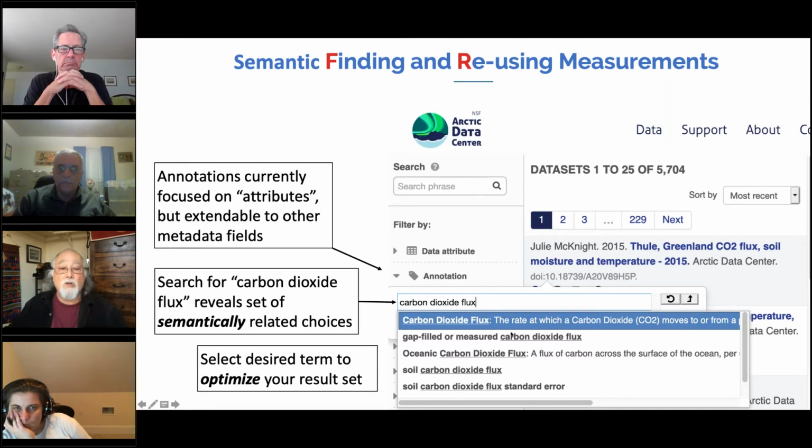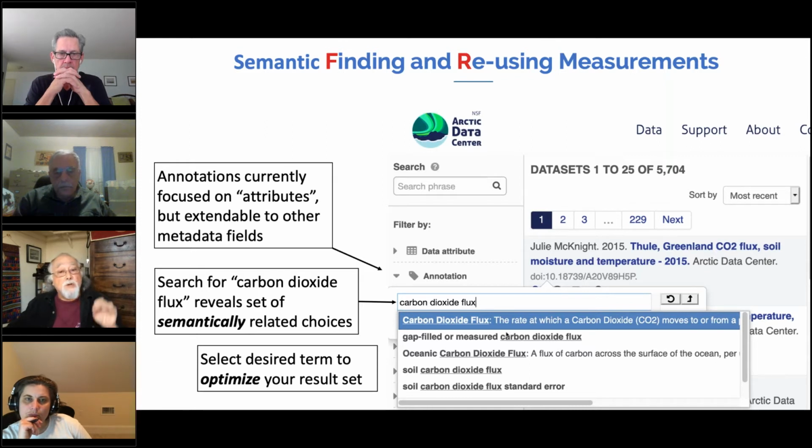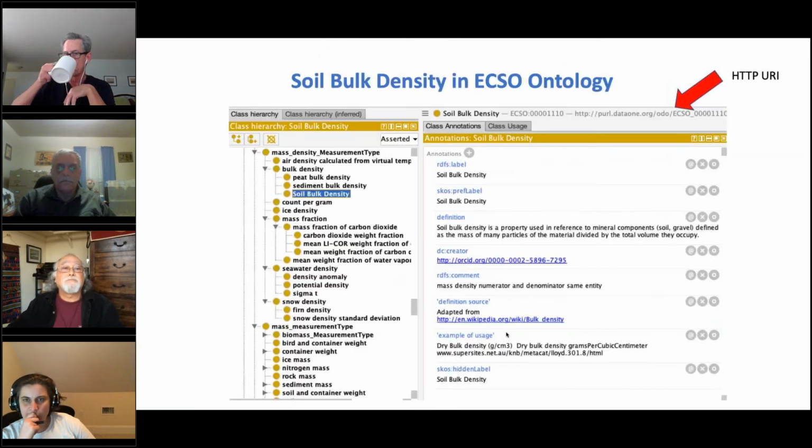These are all terms from our ontology, from the EXO ontology. So these are flattening hierarchies and showing you where this notion of carbon dioxide flux has occurred somewhere in the ontology. You can then drill down and make your search query more precise.